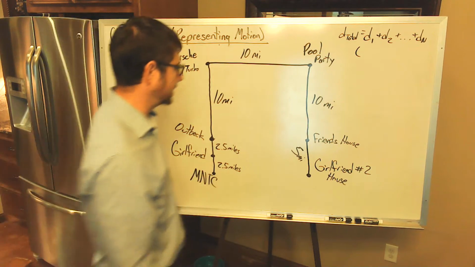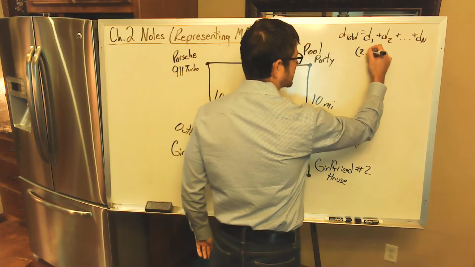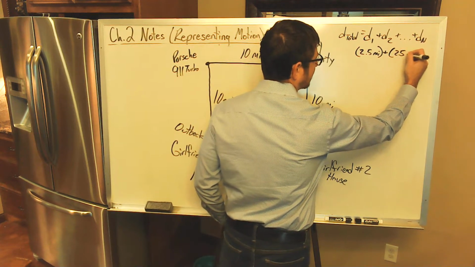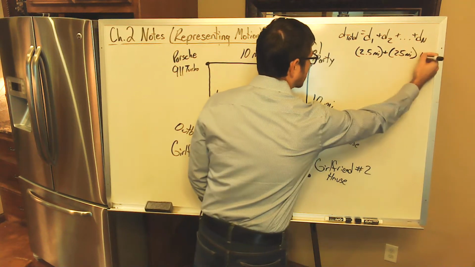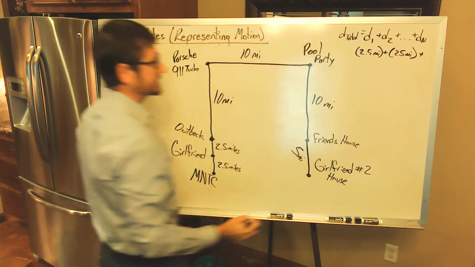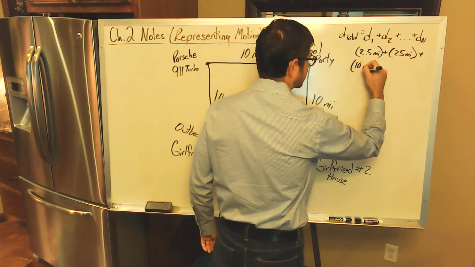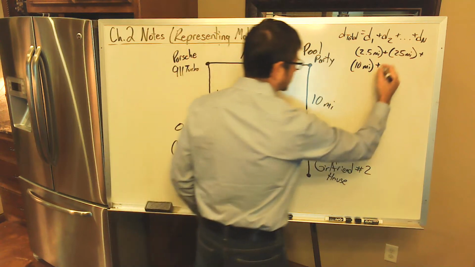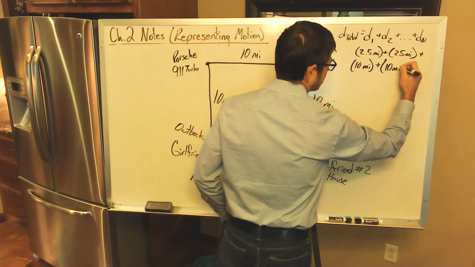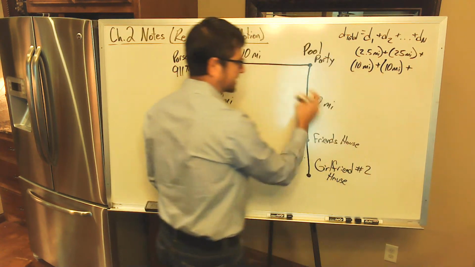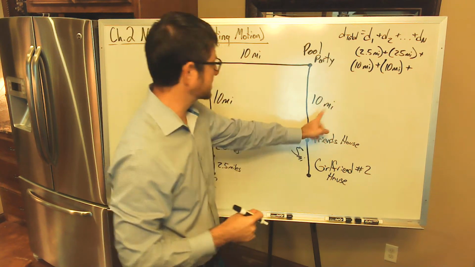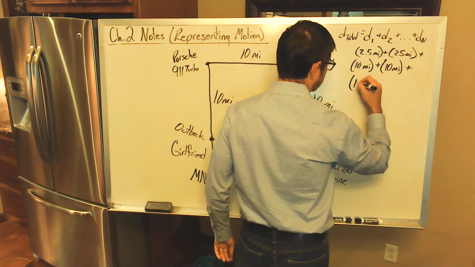So distance 1 is 2.5 miles. Distance 2 is 2.5 miles. Plus distance 3 is 10 miles. Plus distance 4, 10 miles. Plus distance 5, when he leaves the pool party and goes to his buddy's house, this is 10 miles.